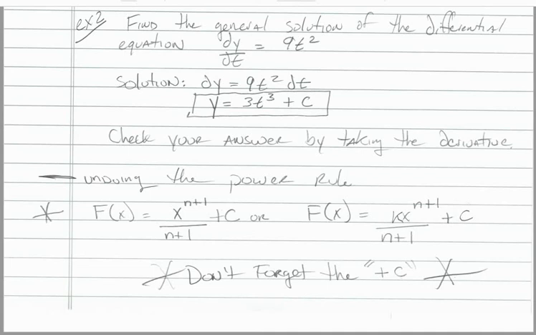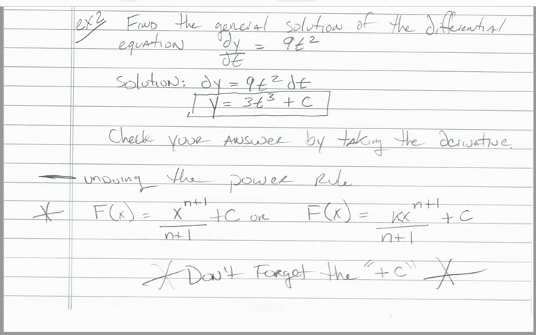Noting above, we have 9t squared dt, so we apply the one on the right hand side, k x to the n plus 1 over n plus 1 plus c. n is our starting exponent value. In example 2, I have 9t squared. 9 is our k, and the 2 is our n.